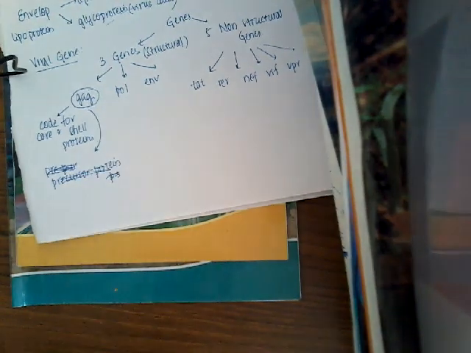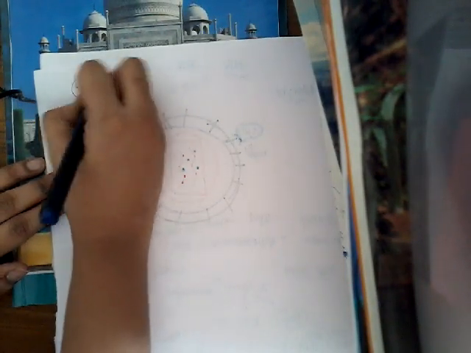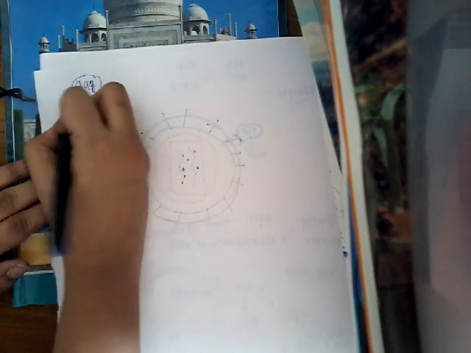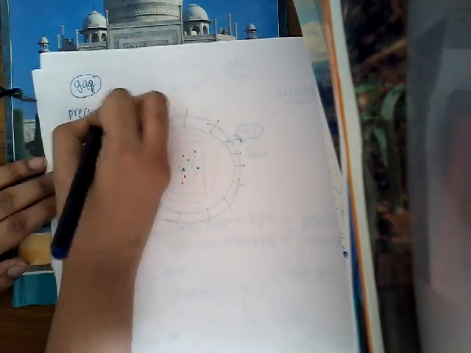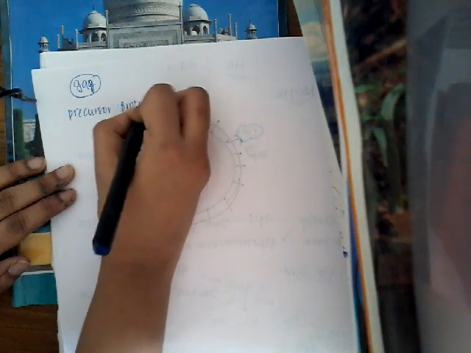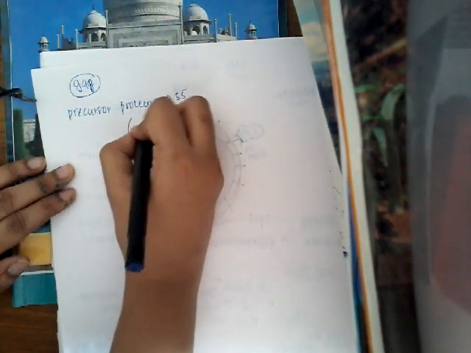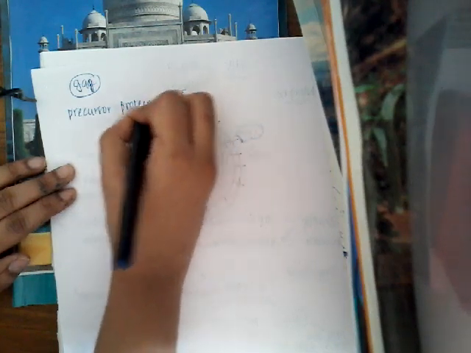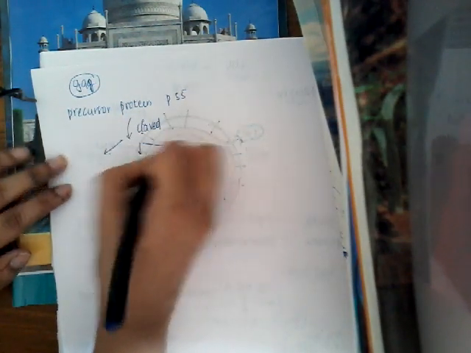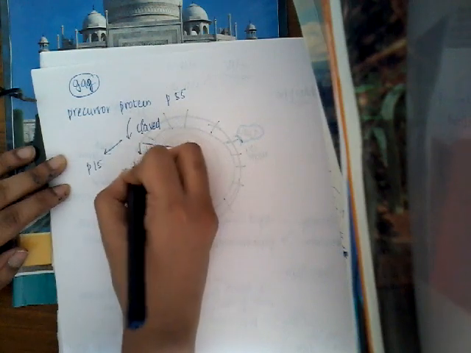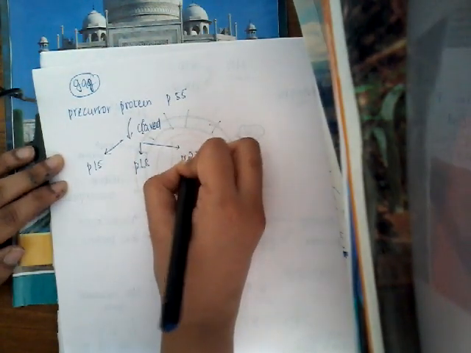I'll write it on my next page because it's a little bigger. This precursor protein is cleaved into 3 proteins, which are P15, P18, and P24.